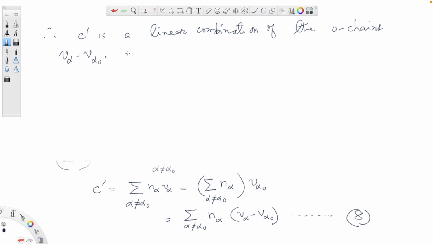And as before, such a zero chain C prime bounds if it is trivial.